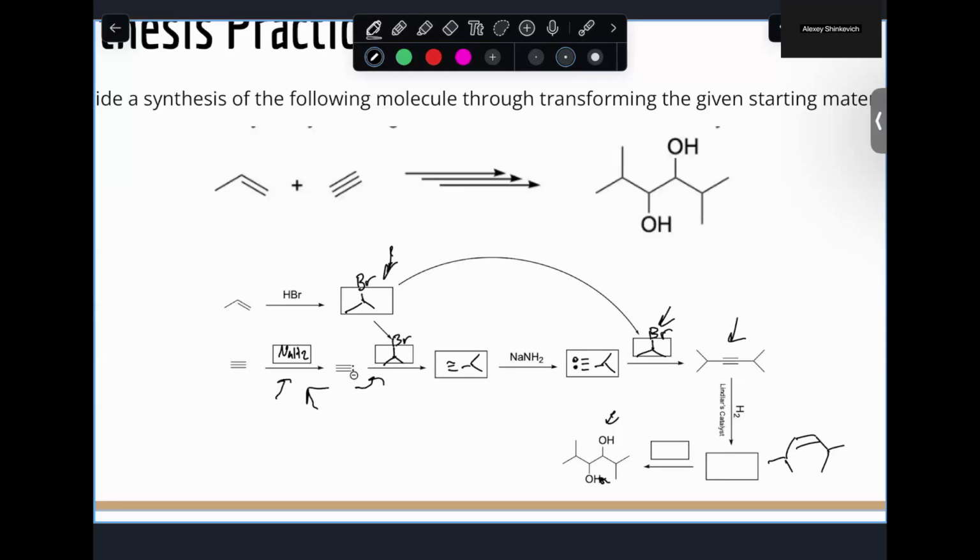Water. Yeah, so you can use OsO4, then NaHSO3, comma H2O, and that'll work. Or you can use mCPBA, H3O plus.